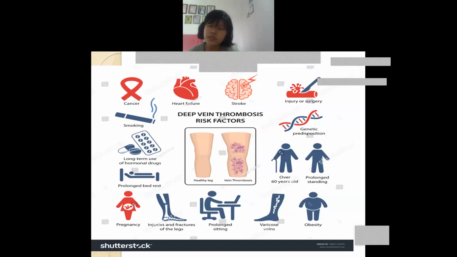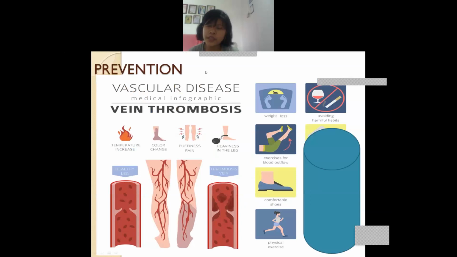Next is prevention. How can a person prevent himself or herself from getting this DVT? Okay, first, obviously, the person has to lose weight because of obesity. Next is exercise. The person should perform exercise. Why?